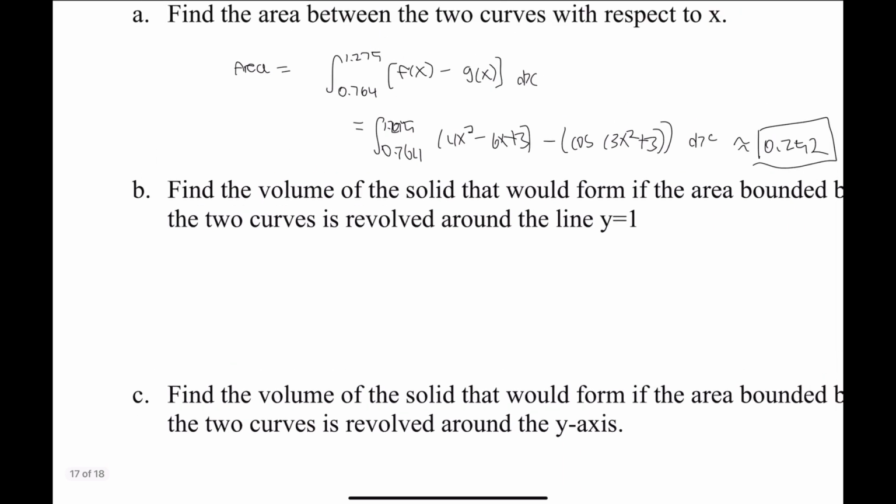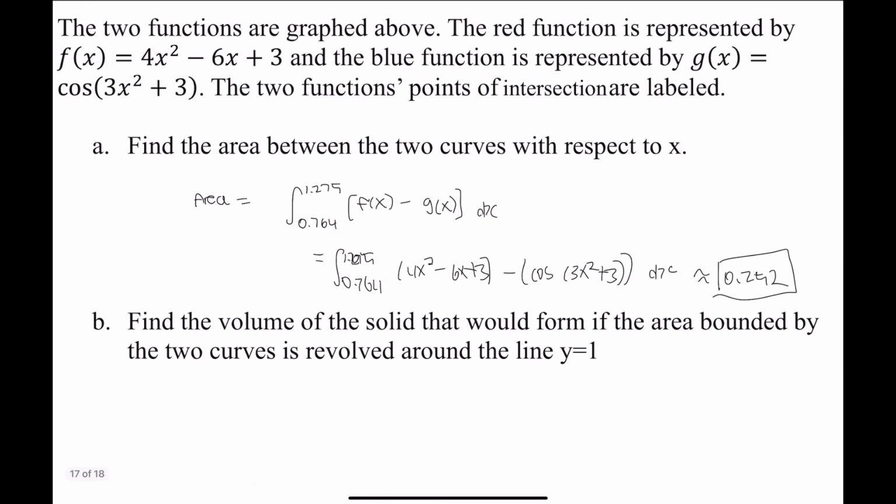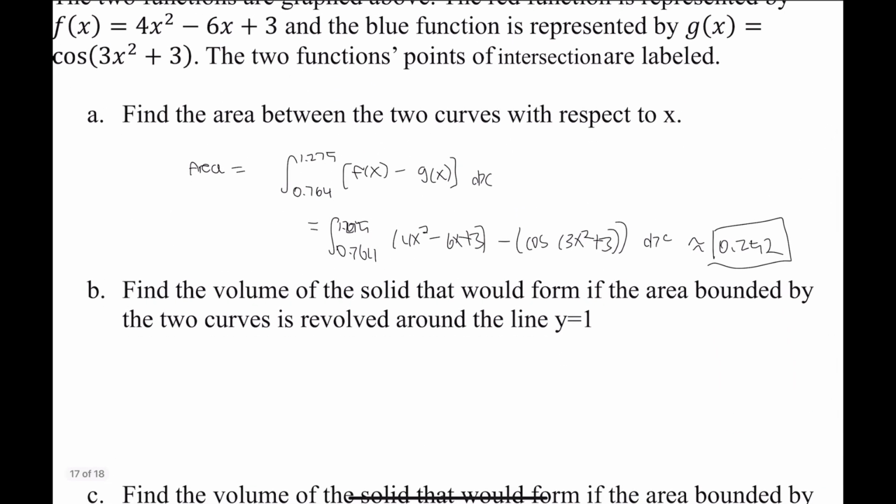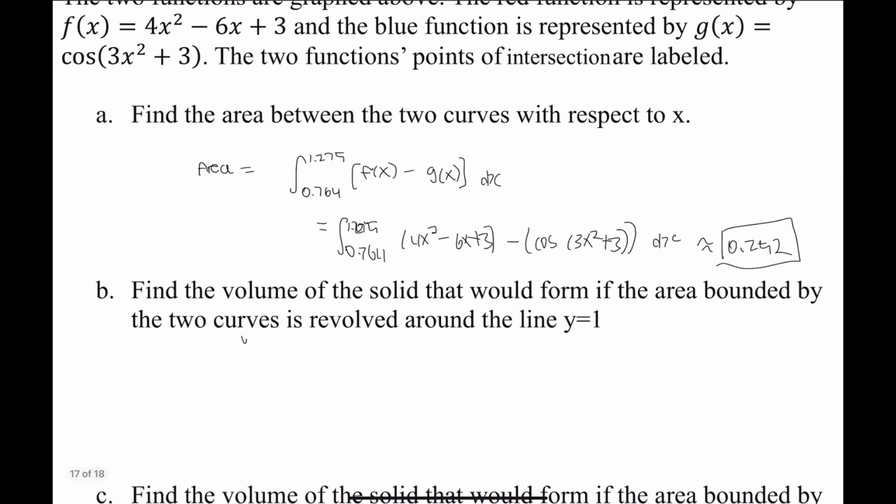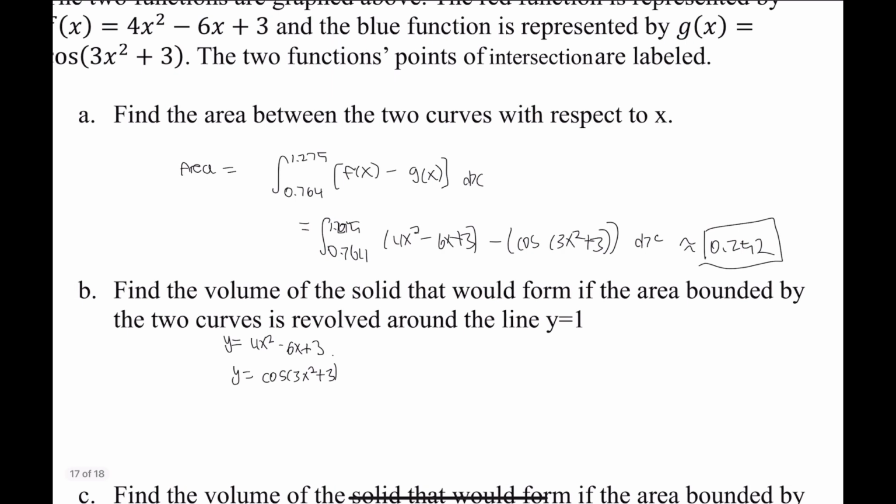Alright, and then to help you with forming your integral equation, we have y equals f of x, 4x squared minus 6x plus 3, right? We also have y equals cosine 3x squared plus 3, right? And then our line that's being revolved around is going to be y equals 1.